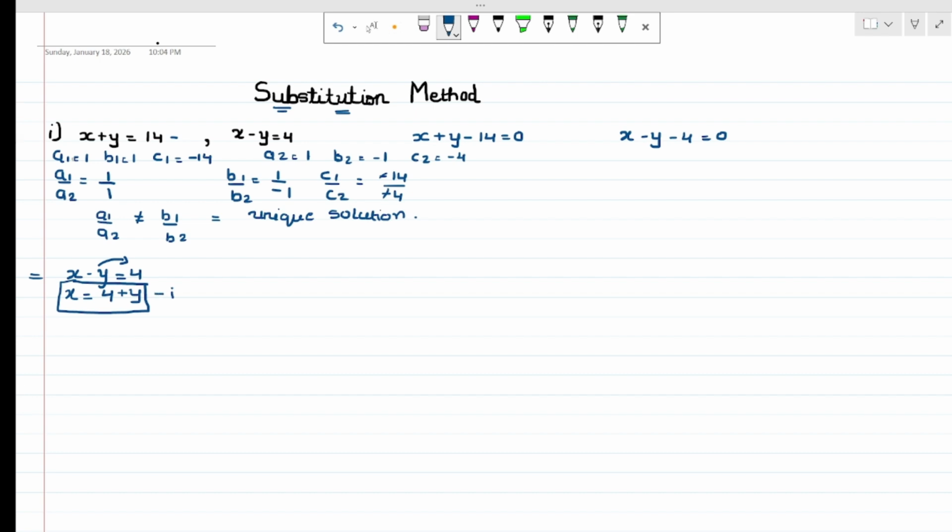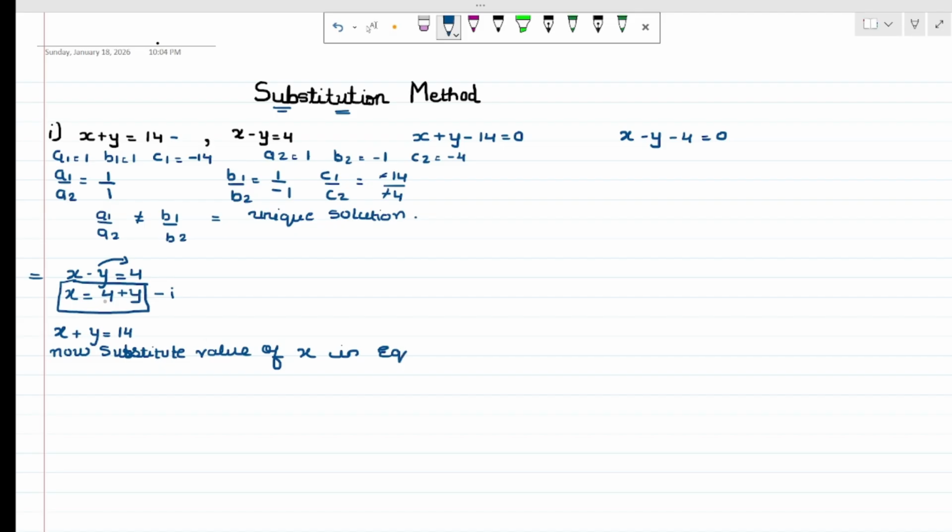Now take your second equation. What is your second equation? x plus y equals to 14. Now what you are doing? Whenever you see your x, you will substitute your value of x in your equation. So now substitute the value of x in the equation.